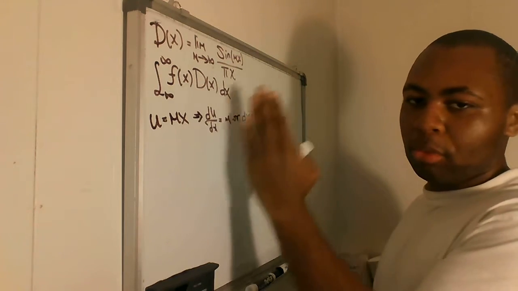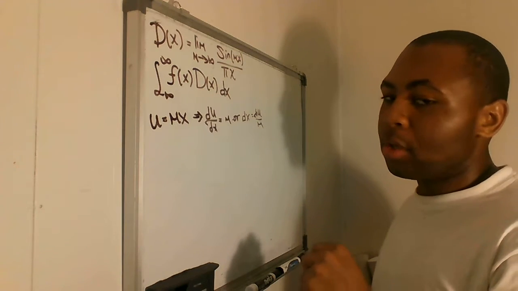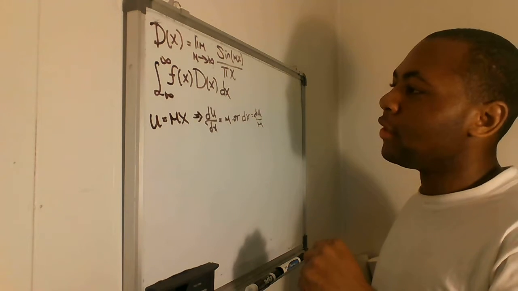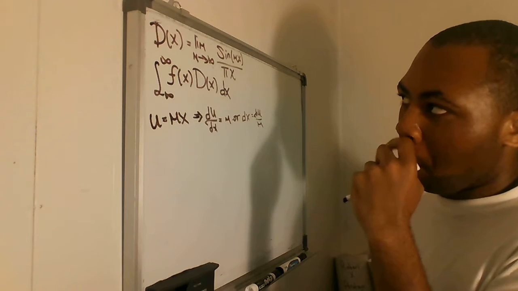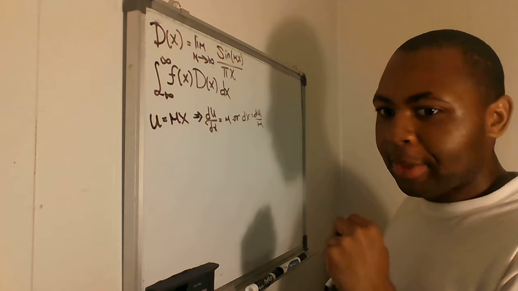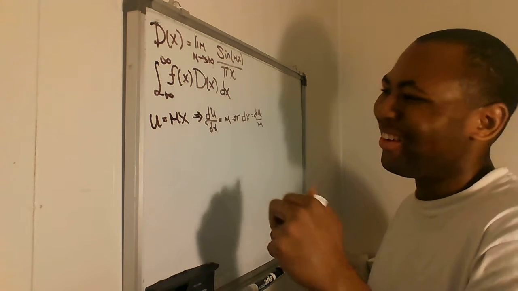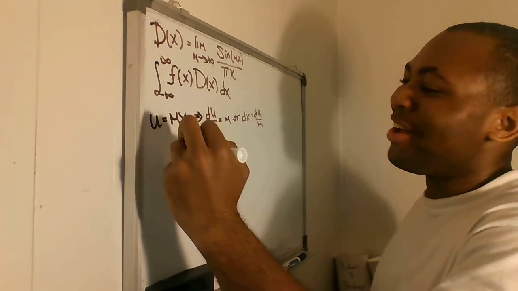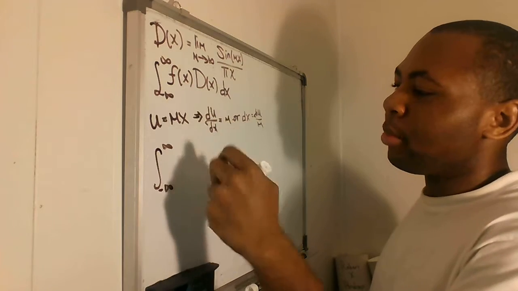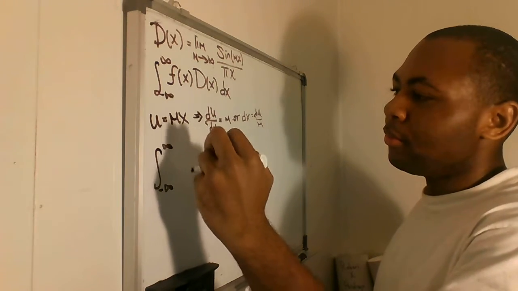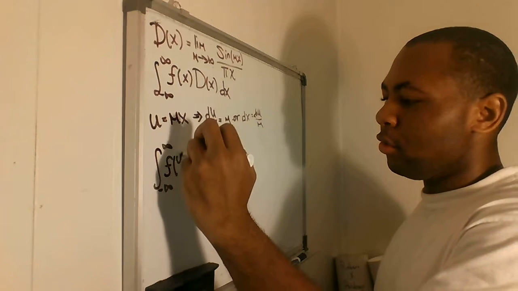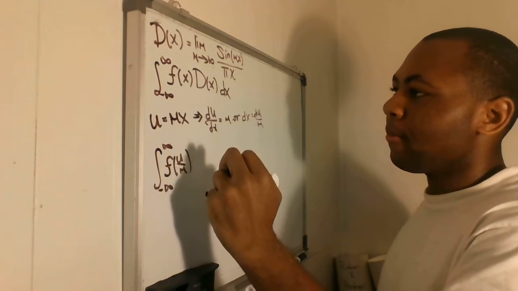I'm going to try to write more or less on this side so you guys can actually see. Easy peasy. No, I don't have any dust in my nose. Alright, so change of variables. x is u over m, so f of u over m is the new function.